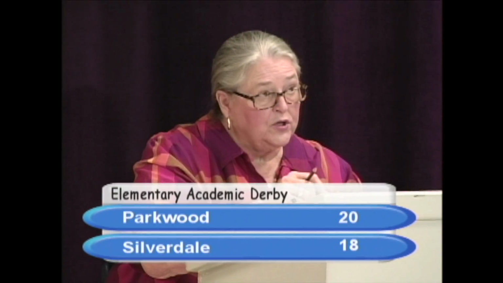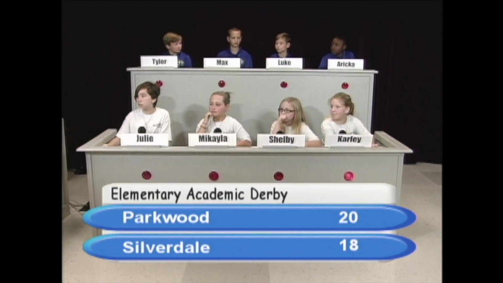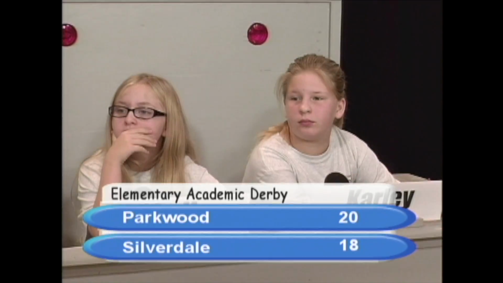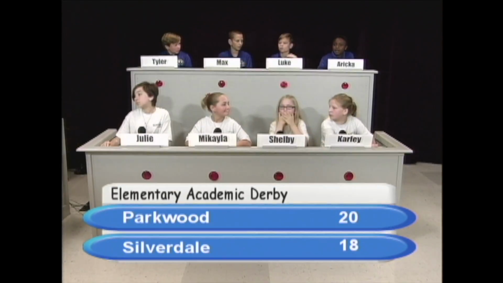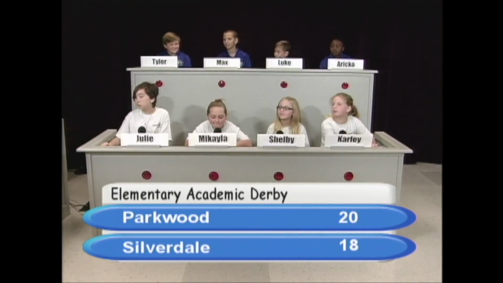Science. When a full moon happens twice in 1 month, what colorful name is given to the event? Carly? Blood moon. Not a blood moon, that's a good try. Luke? Blue moon. Once in a blue moon. Here's your bonus.